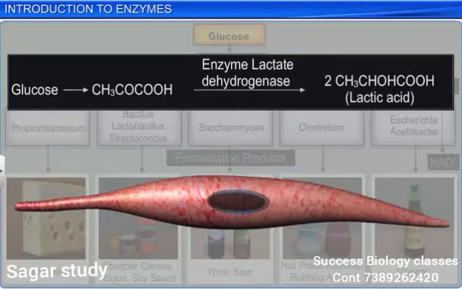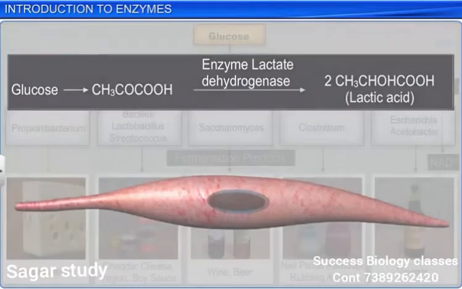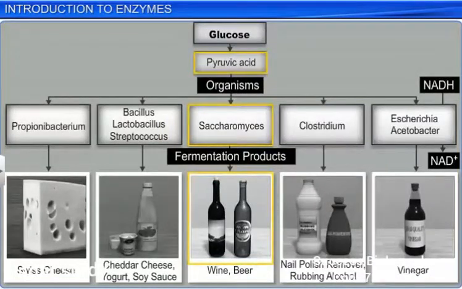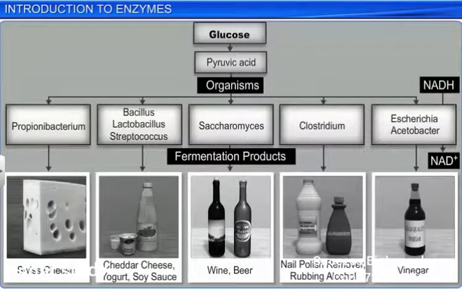On anaerobic respiration in yeast, the same pyruvic acid leads to alcoholic fermentation in the presence of the enzyme pyruvic decarboxylase. Therefore, metabolic pathways catalyzed by enzymes yield different types of metabolic end products under different conditions.